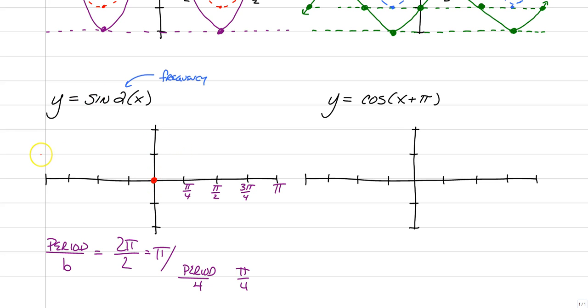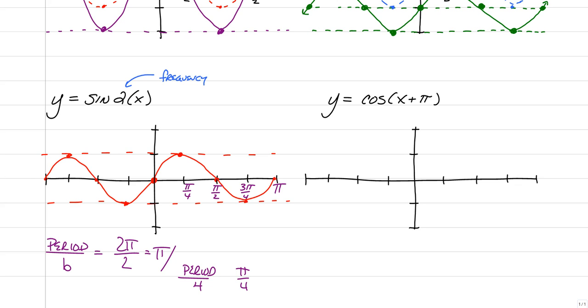Our amplitude is still 1. So if it helps you, draw a top and a bottom line. And this is what our graph would look like again. And of course you'd go backwards in the exact same pattern. So it looks the exact same.